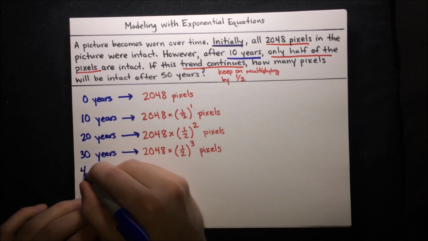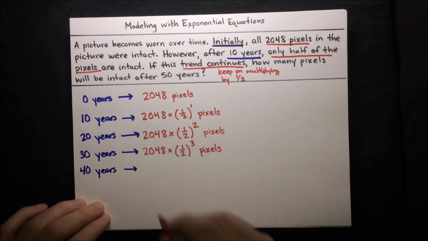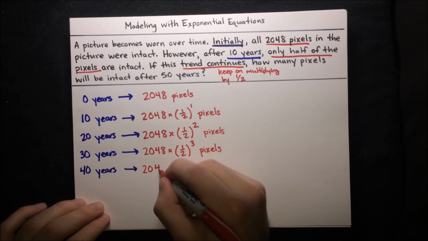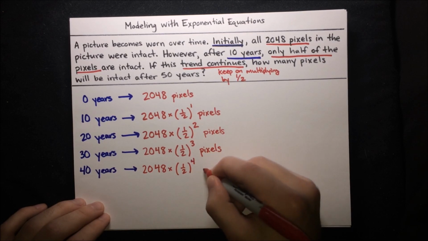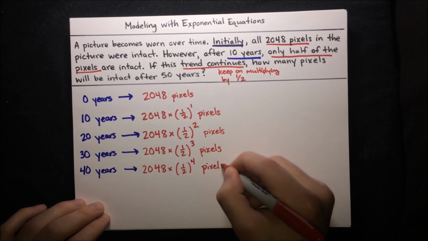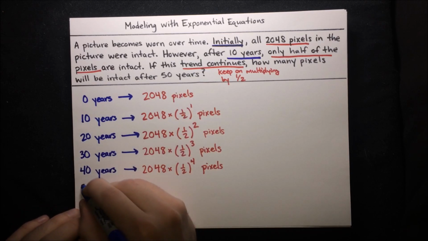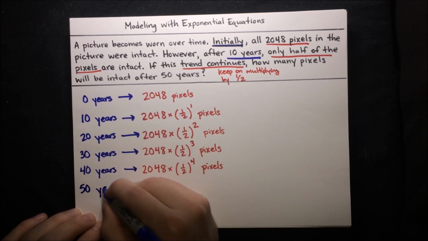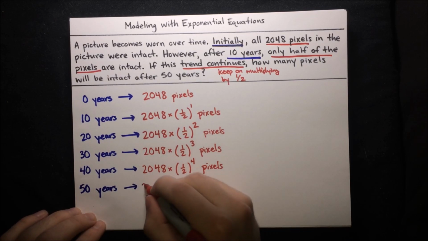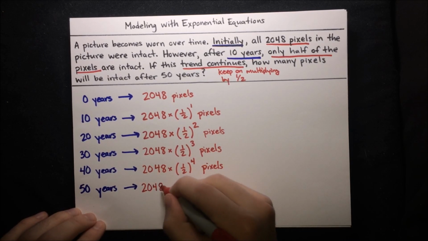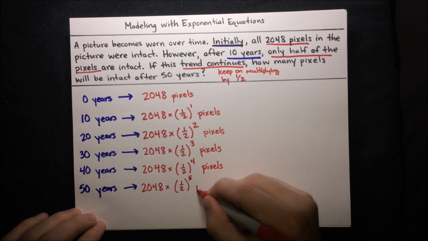So 40 years will clearly be 2048 times a half to the fourth power. All right, so we want it to go up to 50 years, so just one more row to do. 50 years will, of course, be 2048 times a half to the 5th power.